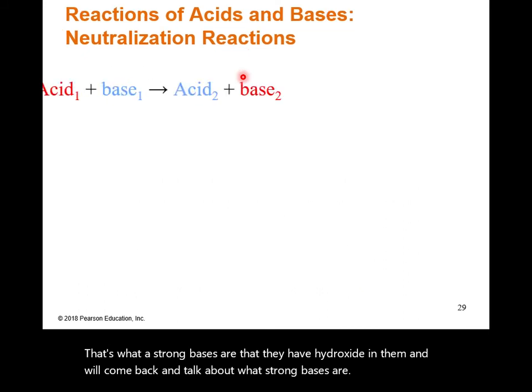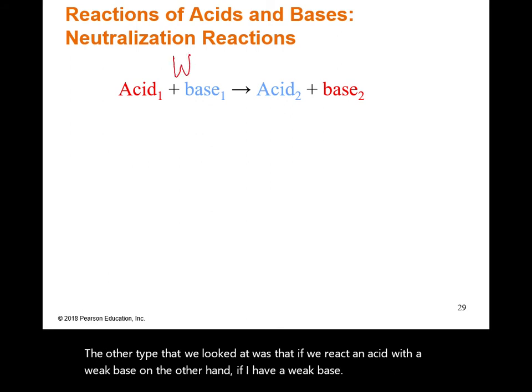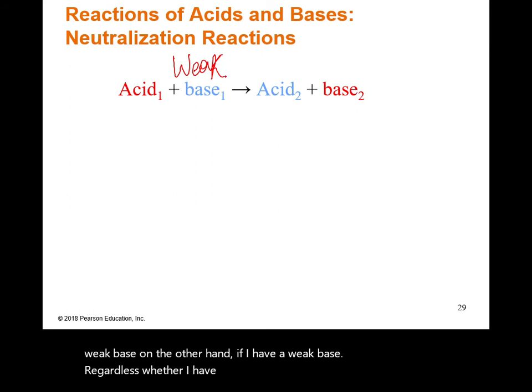The other type that we looked at was if we react an acid with a weak base. On the other hand, if I have a weak base, regardless whether I have a weak acid or not, then I end up with acid and base on the product side.